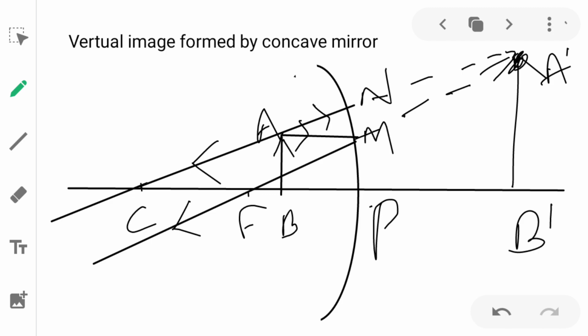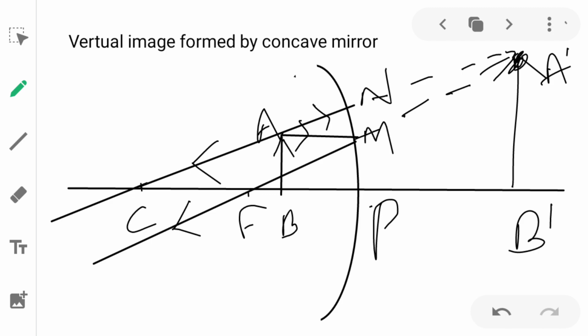Now we shall describe the nature of the image, how the image is. It is erect as it is above the principal axis. The image is erect as it is behind the mirror, or you can say it is not formed due to the actual meeting of the reflected rays.